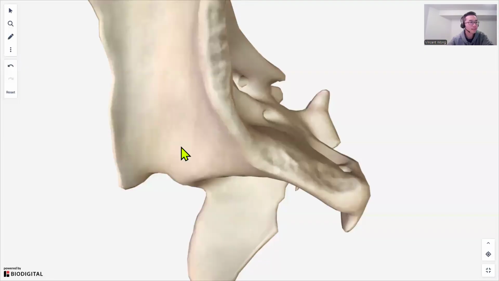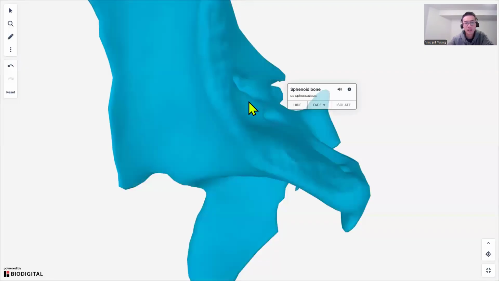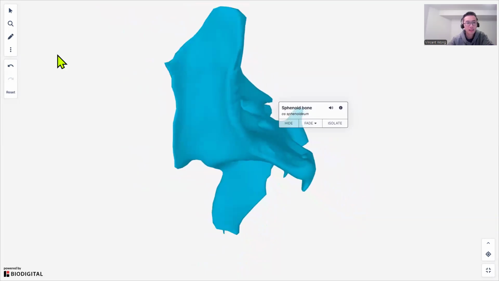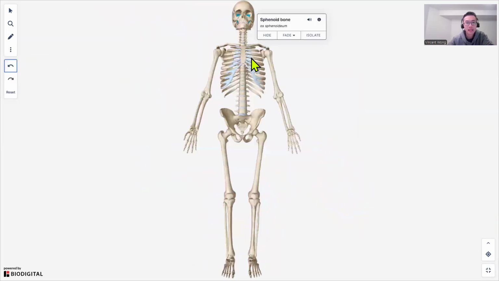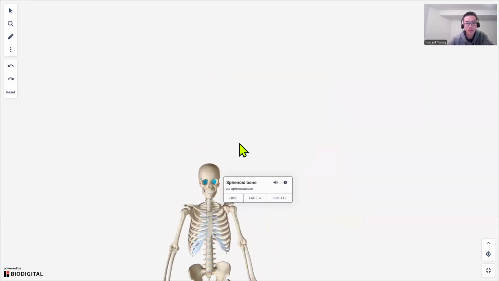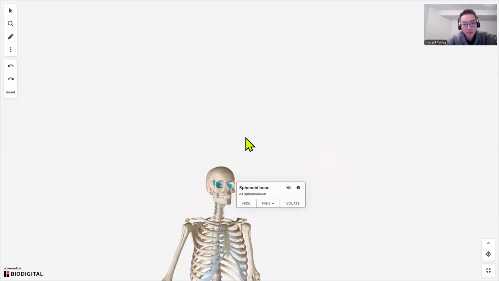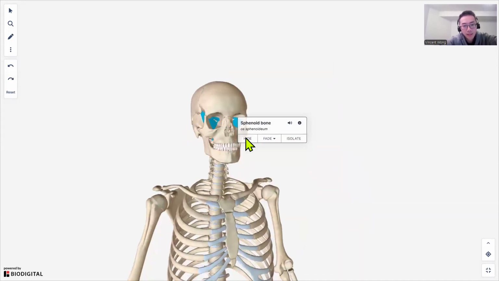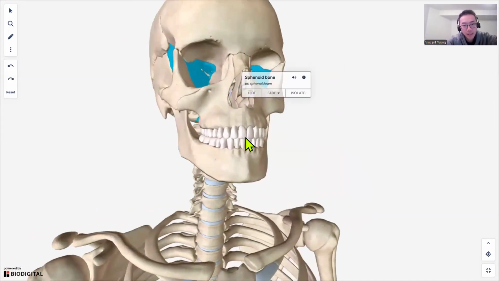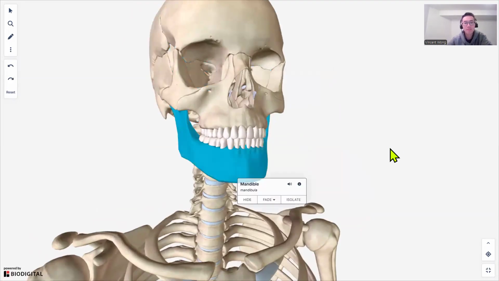Sphenoid bone. All right, let's go back here. I think we covered all the bones. Maybe one more to go. Okay, right here. This is the mandible. It is the only movable bone in the whole head.